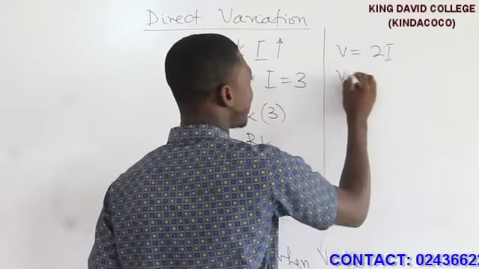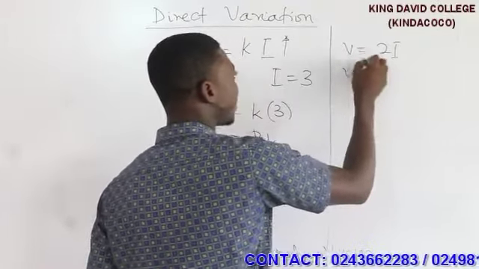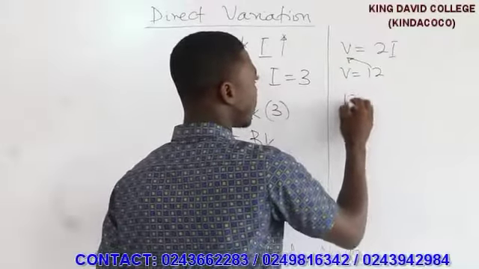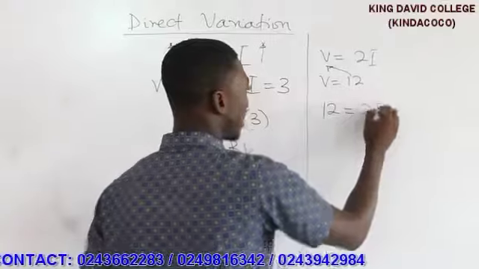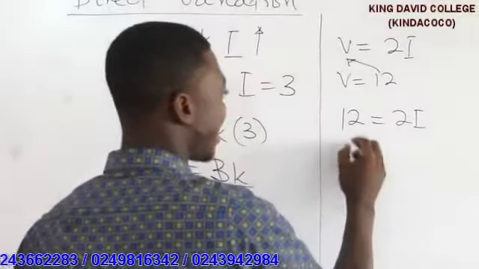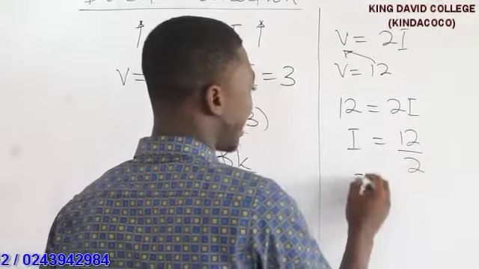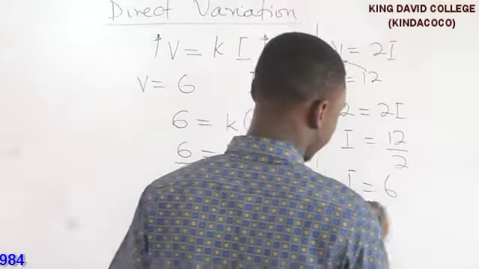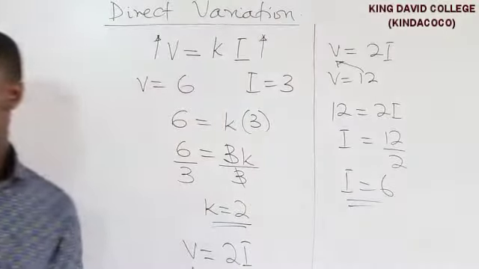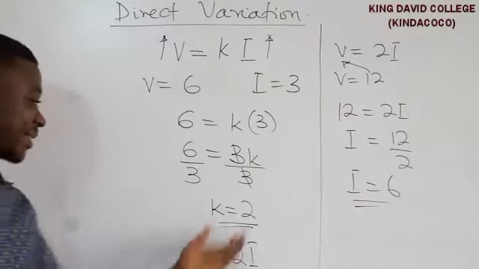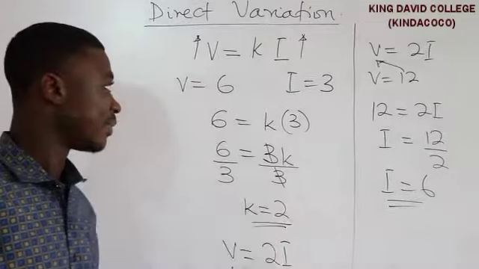Now my V here is 12. Therefore, if I put this 12 in place of the V, I'm going to get 12 is equal to 2I. Hence my I is going to be 12 over 2, and then I is going to be 6. Okay? So you can always find whatever you want when you are given one of the values.